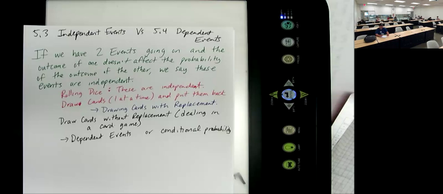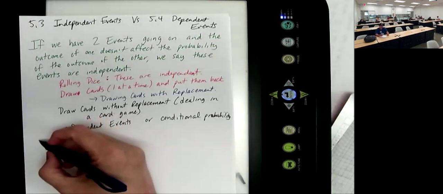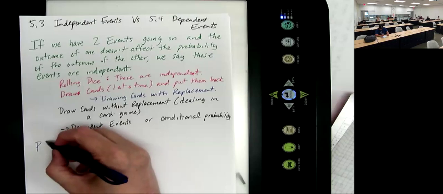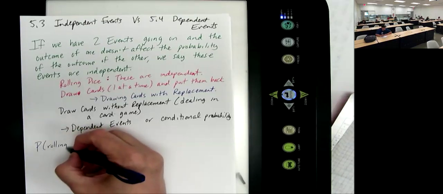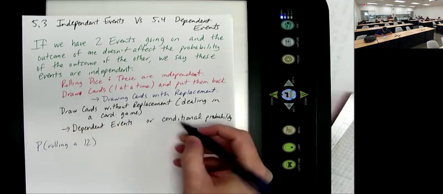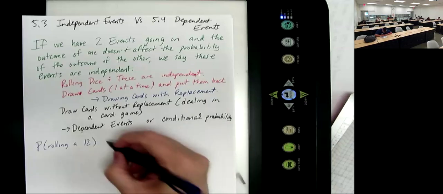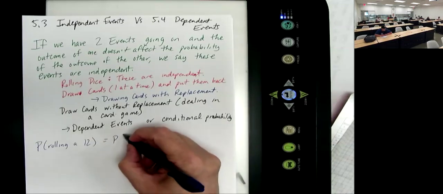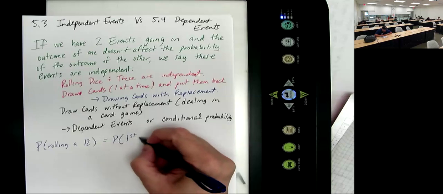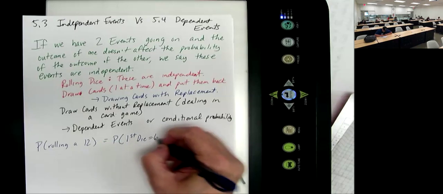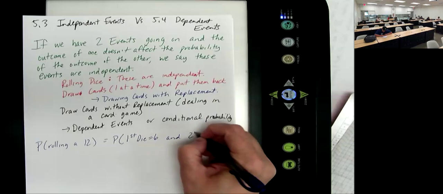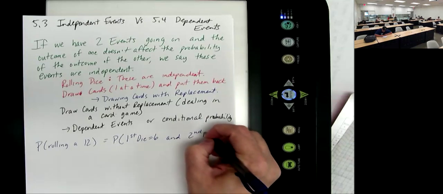Let's say we wanted, what is the probability of rolling a 12 with two dice? This is the probability that the first die equals a 6 and the second die equals a 6.